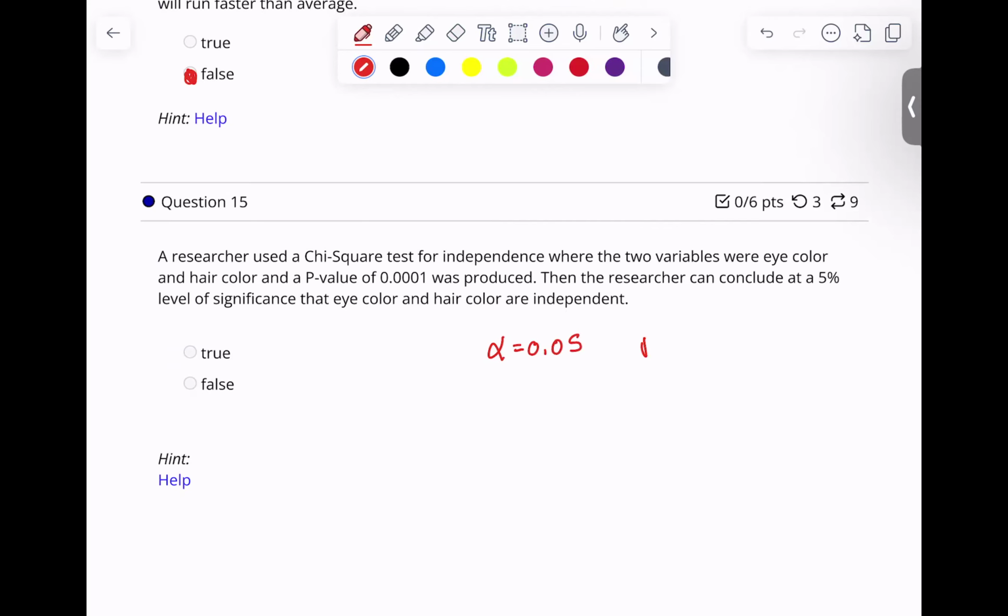The p-value was 0.0001. Well, the p-value is less than alpha. The p is low, the null must go, so we're going to reject the null hypothesis. So we reject the fact that they are independent. The data indicates that they're actually dependent. So this is false.